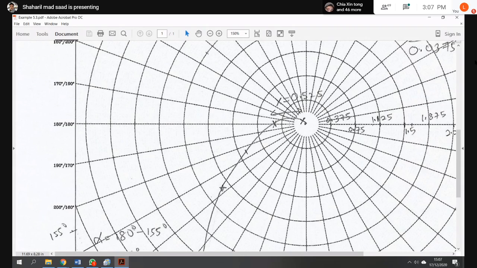Then you need to calculate the length from 0 until where it crosses this line. When you calculate it, you get x equal to 0.525, and the gain margin is 1 over 0.525. So that is the gain margin.